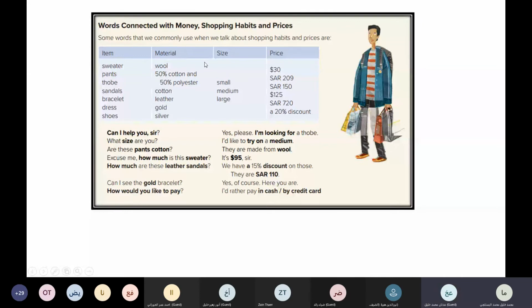Some words that we commonly use when we talk about shopping habits and prices are about the items: sweater, pants, thobe, sandals, bracelet, dress, shoes; material like wool, 50% cotton and 50% polyester, cotton, leather, gold, silver; size small, medium, large; price 30 riyals, SAR 209, SAR 150, $125, SAR 720, a 20% discount. Good, thank you very much.